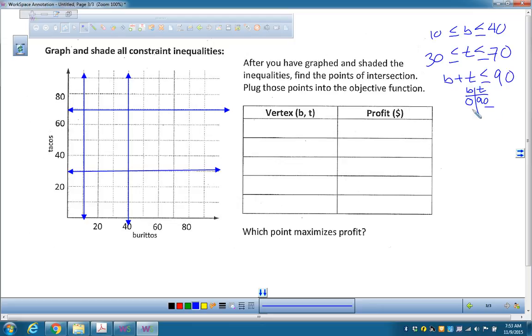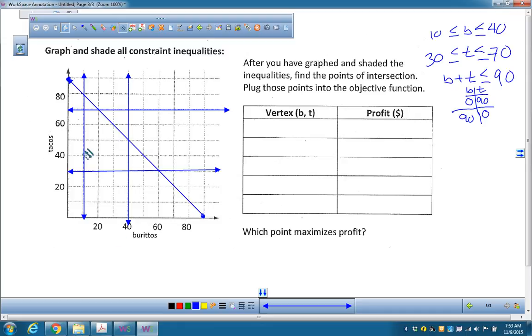And when T is 0, what's B? 90, right? So I have 2 points on my graph, one at 0, 90, and one at 90, 0, and then I'm going to connect those two with a line. And you should really use a ruler for this. I'm not going to, you could just try to do it as best as you can. Use a side of your paper or something like that.